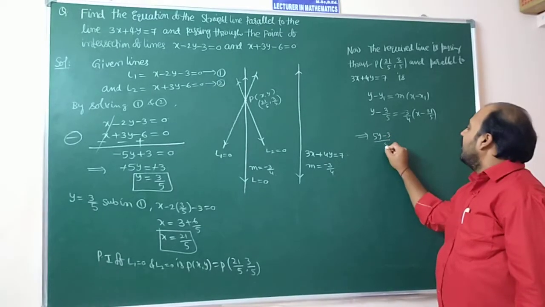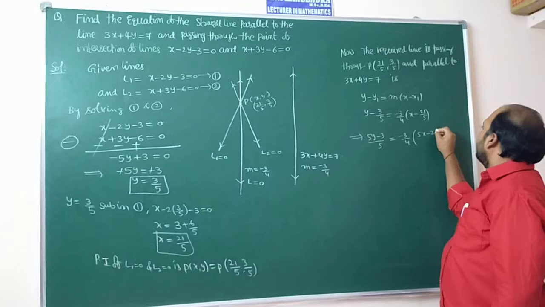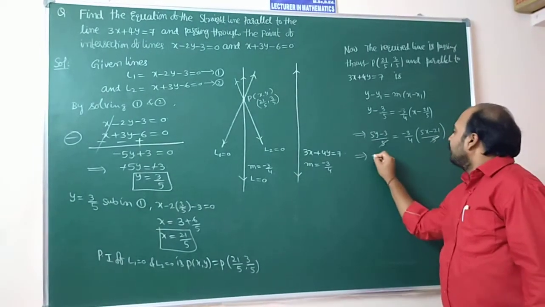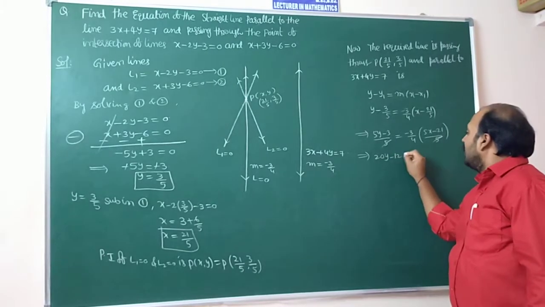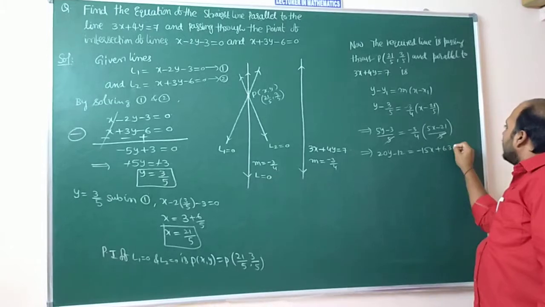5y minus 3 by 5 equal to minus 3 by 4 into 5x minus 21 divided by 5. 5 gets cancelled, cross multiplying. 20y minus 12 equal to minus 15x plus 63.